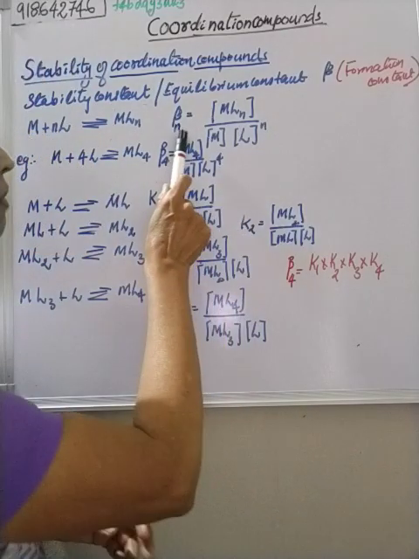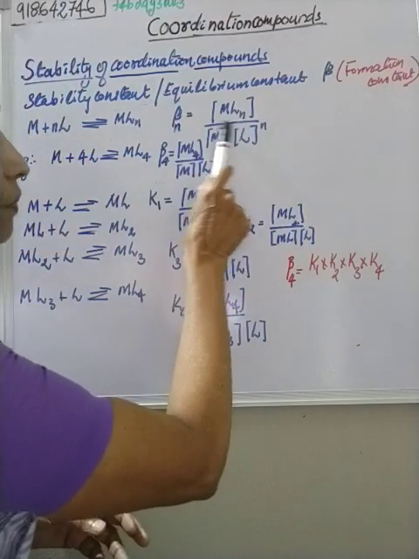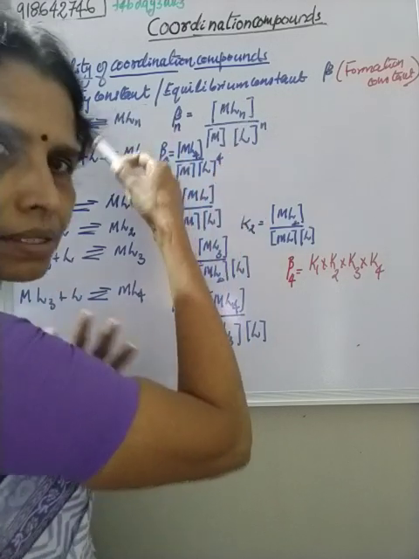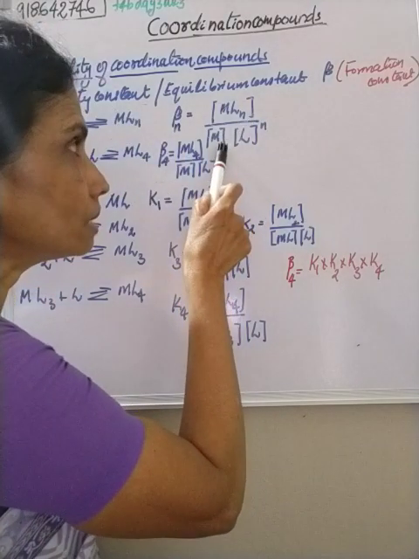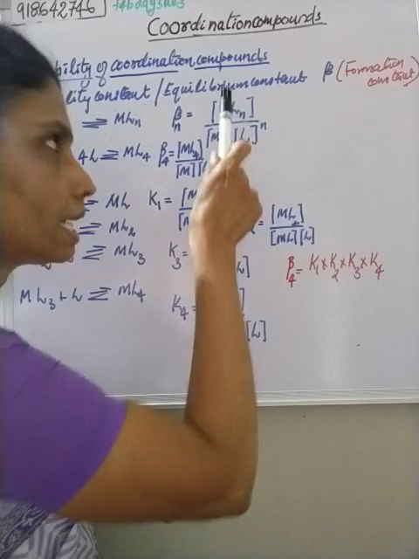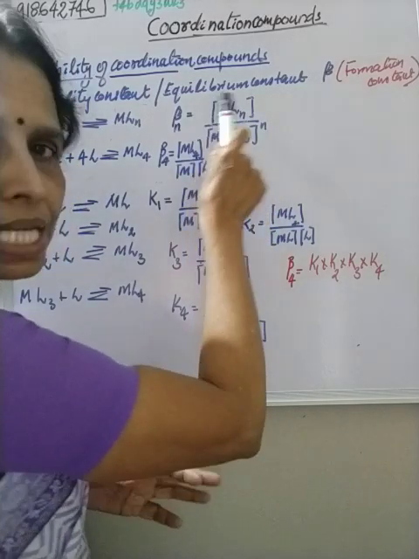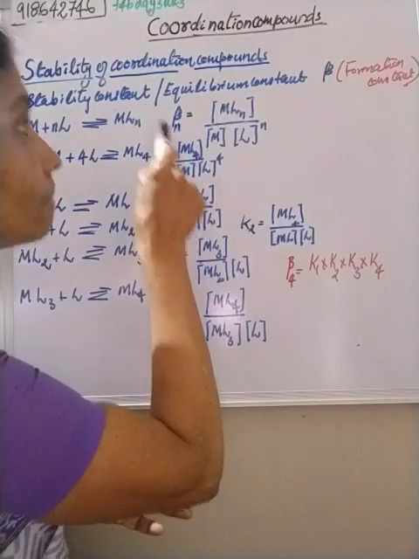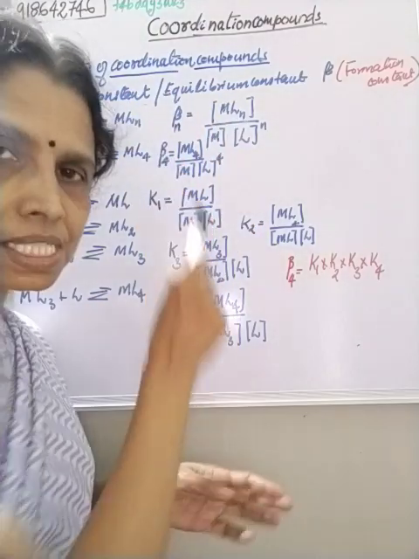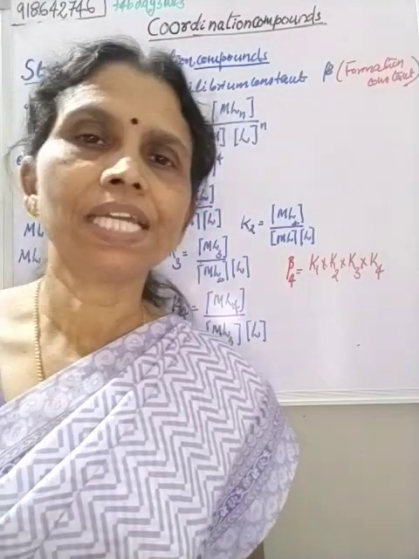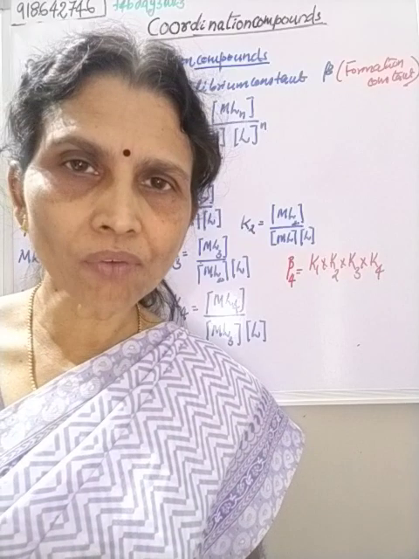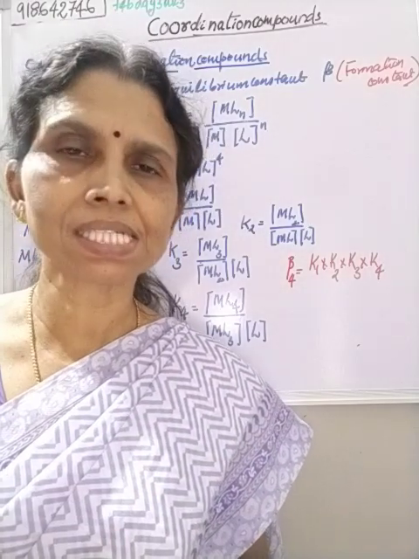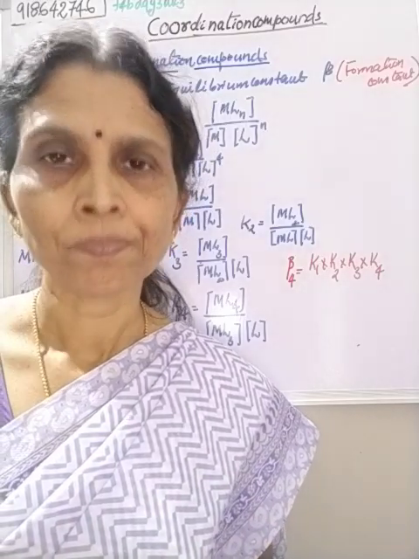And here again, if this complex is stable, it won't be dissociating to give the constituent ions, and that means the concentration of the complex will be large. So the higher the concentration of the complex, the higher the value of the stability constant, and therefore the higher the value of the stability constant, the higher is the stability of the complex.